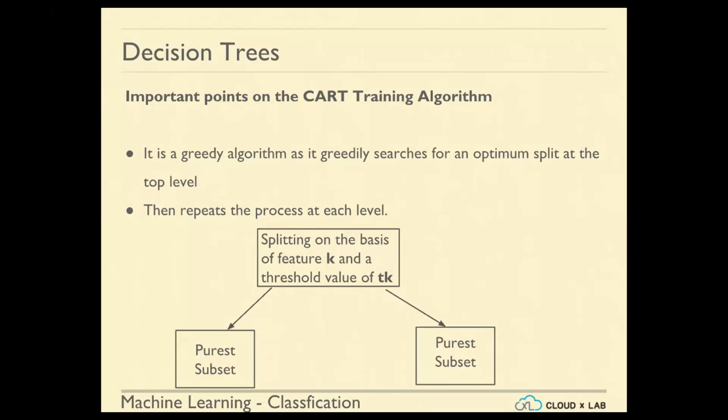If there is a second feature, then that second feature will come into play as we go down the particular node.